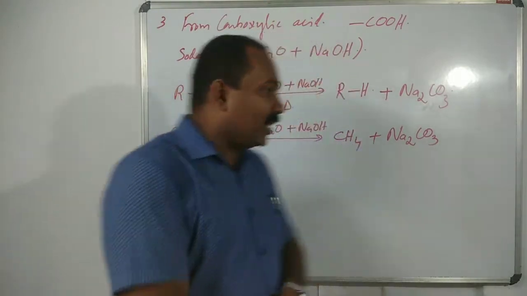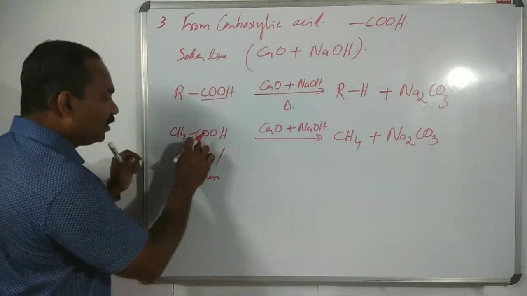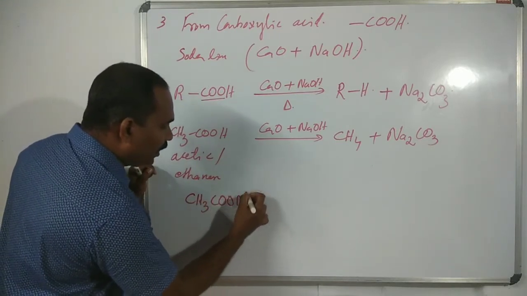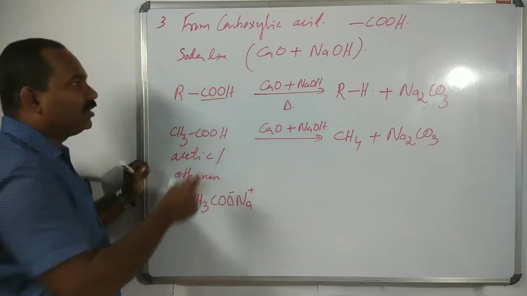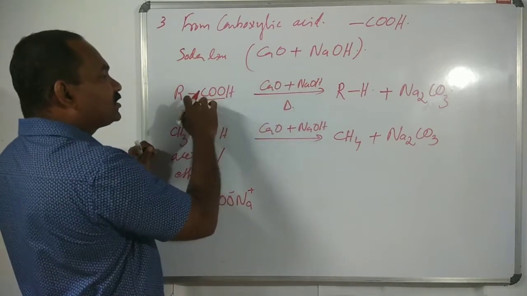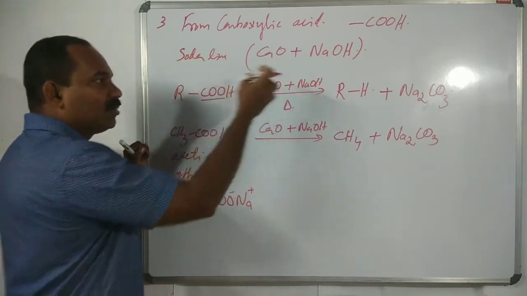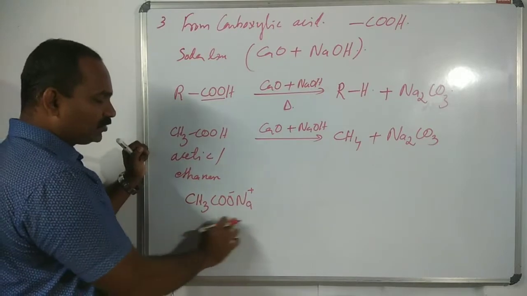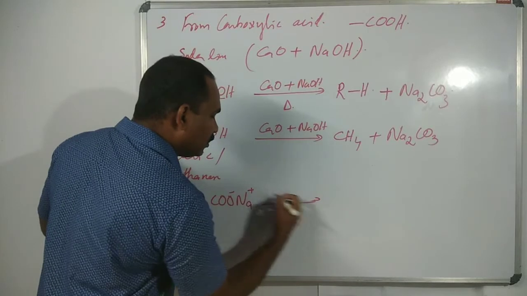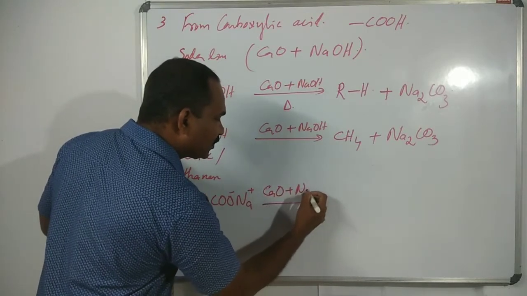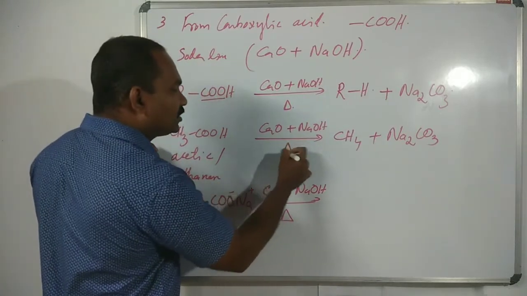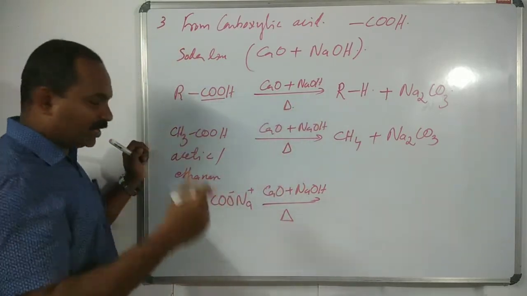Remember that in some textbooks the reaction is given with CH3COONa. Why? You know that this is an acid and NaOH is a base. When you mix the acid and the soda lime, first the base reacts to give its sodium salt. Again, CaO plus NaOH, heated; delta means heating.